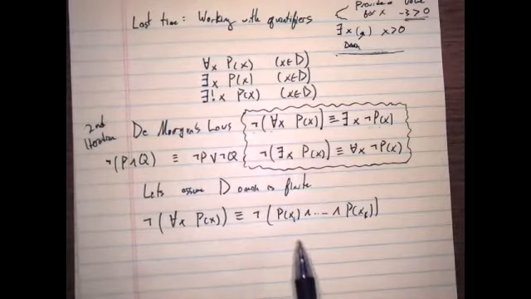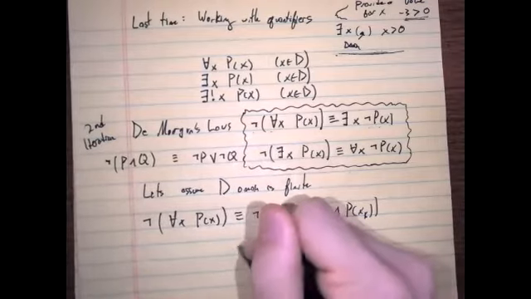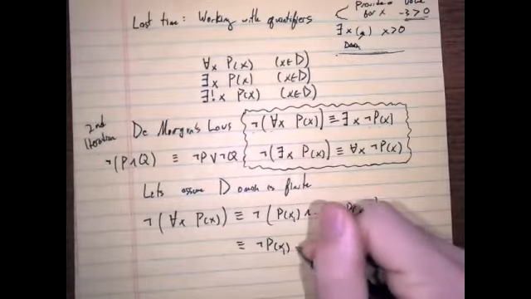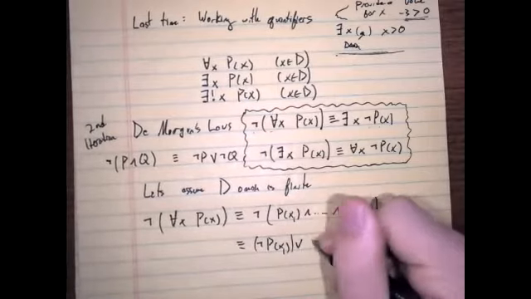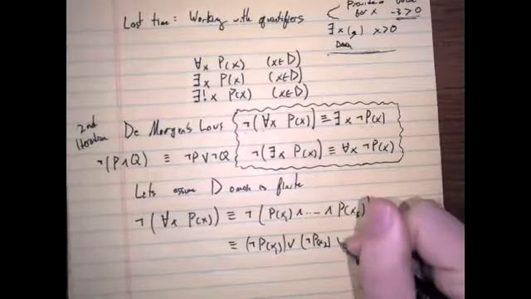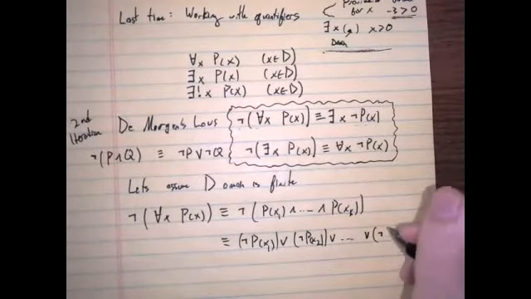And then essentially what I'm showing here is that the negation of a big collection of ands is equivalent to not P of x1 or not P of x2 or ... not P of xn.